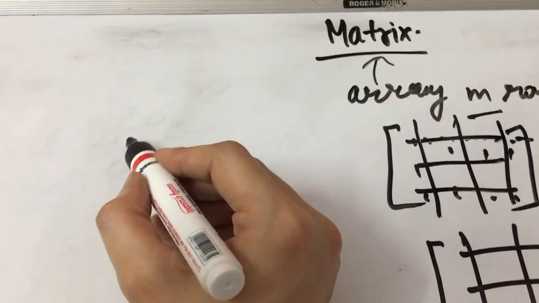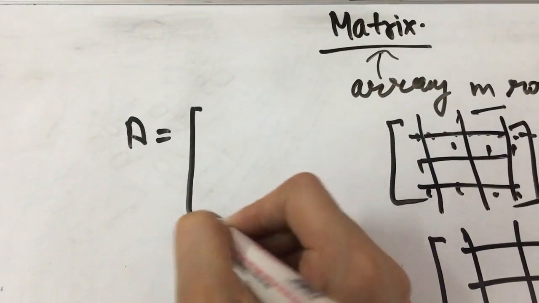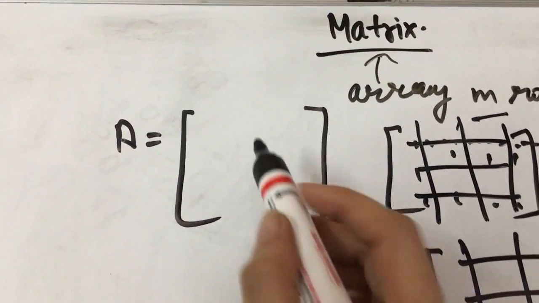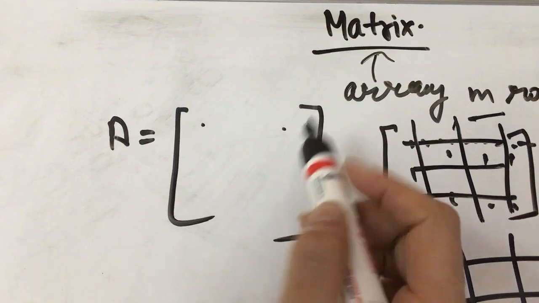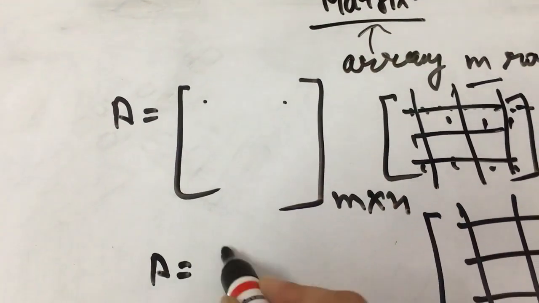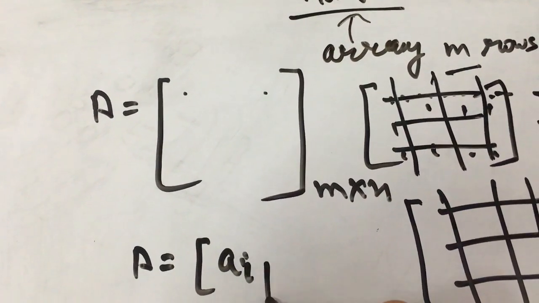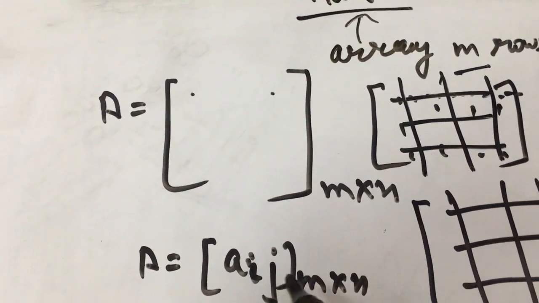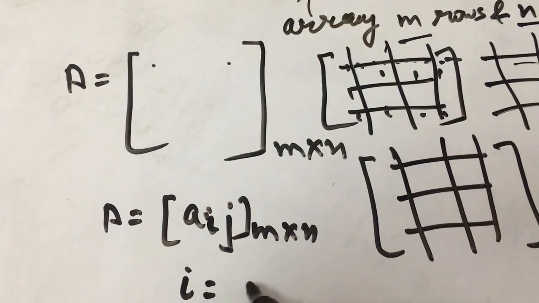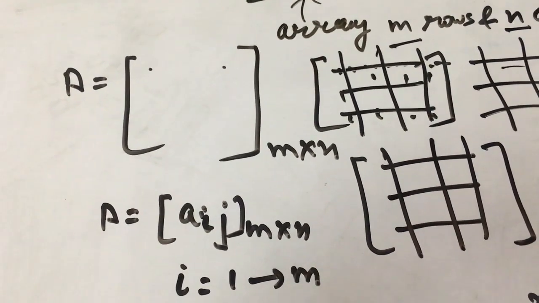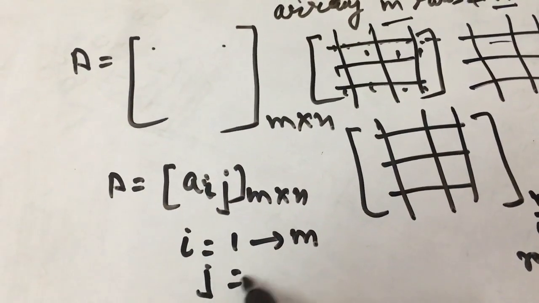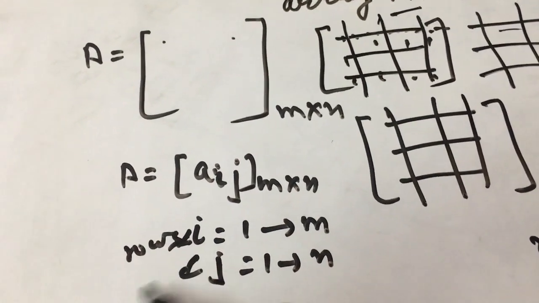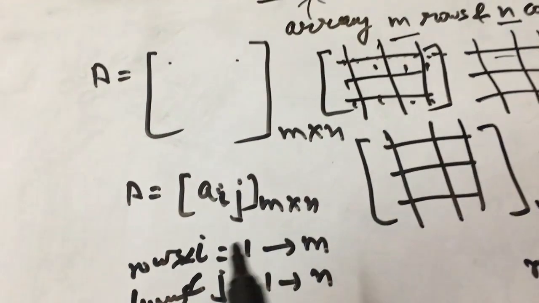Now suppose I have an m cross n matrix, so how do we write the elements? In general, we write the elements of an m cross n matrix as a_ij, where i varies from 1 to m and j varies from 1 to n. i represents rows and j represents columns.